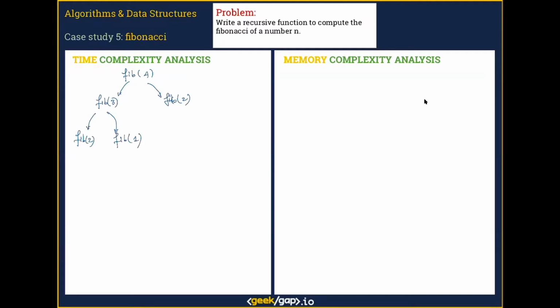When computing Fibonacci of 2, we need Fibonacci of 1 and Fibonacci of 0. This is a base case. This is a base case. This is a base case. This is not yet a base case, so we have to continue breaking it down: Fibonacci of 1 and Fibonacci of 0.